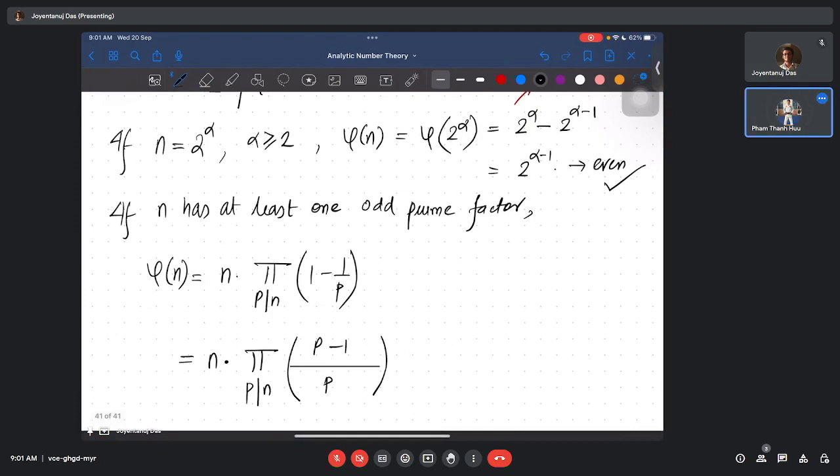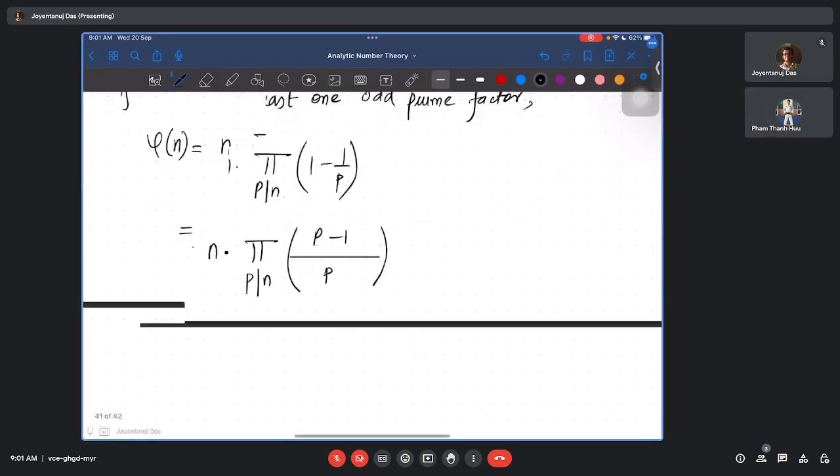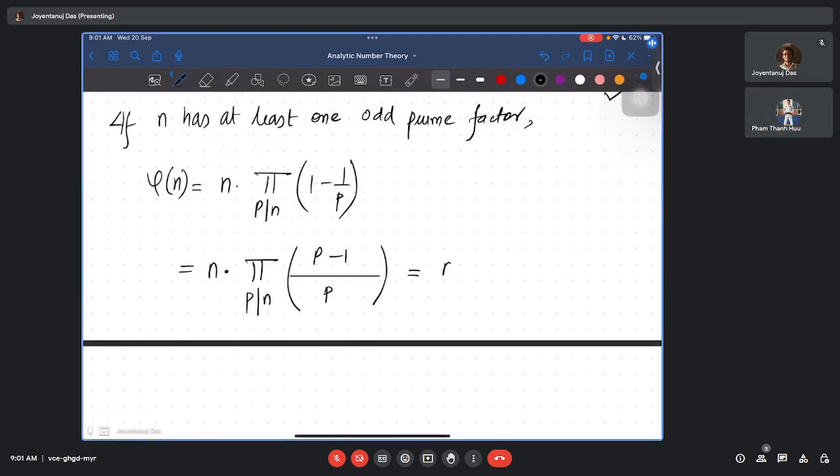Now this is nothing but n times, we can distribute the product: the product over p dividing n of p minus 1, divided by the product over p dividing n of p.